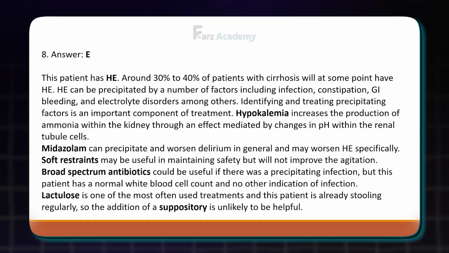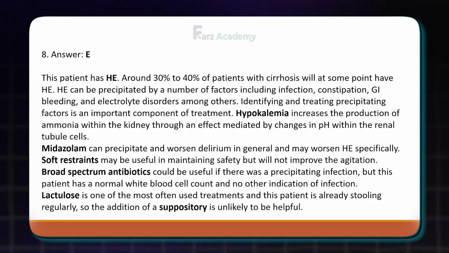So let's see. This is a patient of hepatic encephalopathy. Around 30 to 40% of patients with cirrhosis will at some point have hepatic encephalopathy. It is precipitated by a number of factors such as infection, constipation, GI bleed, electrolyte disturbances. Identifying and treating the precipitating factor is an important component of the treatment.